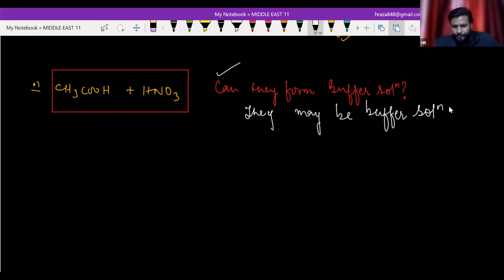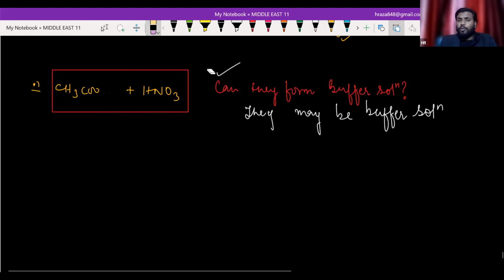How is it possible that this is a strong acid and I am saying that CH3COOH is a buffer solution? Wait a minute. It's both acid basically. I just gave you a wrong answer. Just let me know what you think about this. Can they form a buffer solution or not? Your answer should be your concept, what you are thinking about this and what I told you. Just give me the answer, whatever you understand till now.